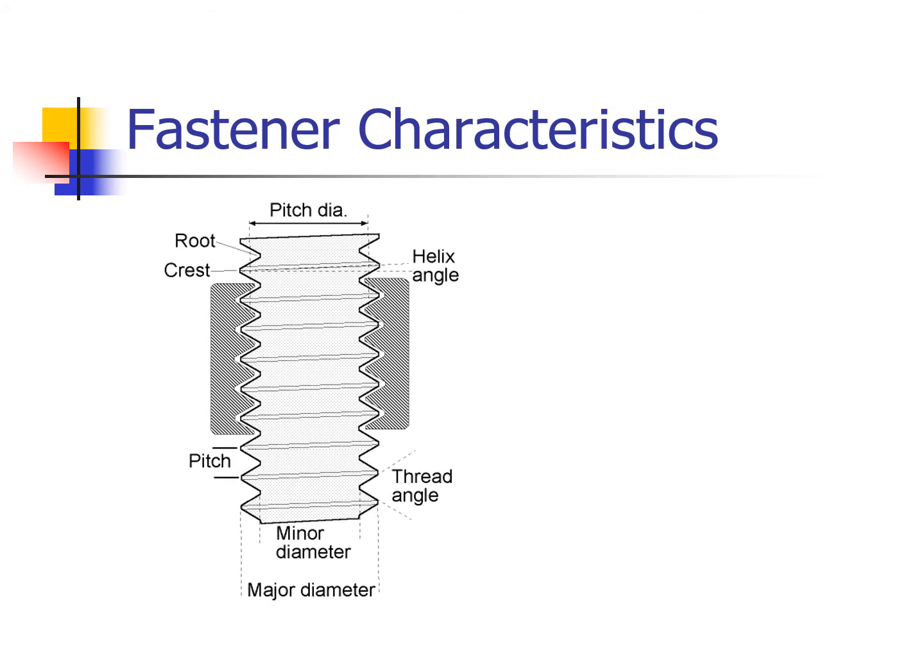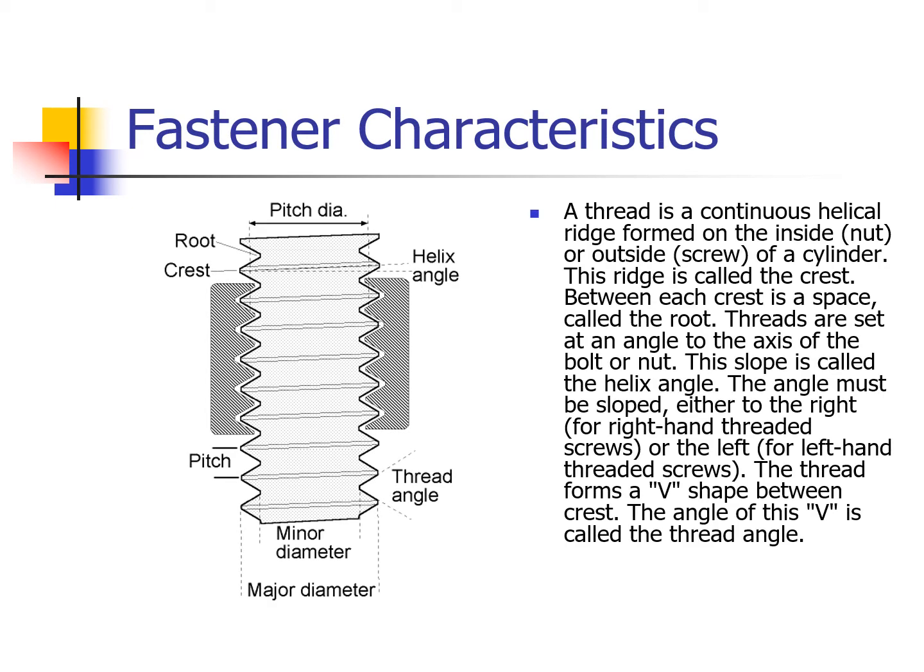So I'm going to read this through and then we'll try to describe it. Basically, you have the drawing on the left and it says a thread is a continuous helical ridge formed on the inside of a nut or outside of a screw of a cylinder. The ridge is called the crest. Between each crest is a space called the root.